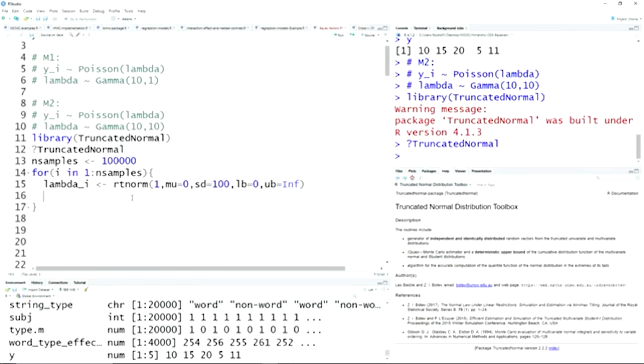Now I will perform MCI here. So basically I will calculate likelihood into prior and divide it by proposal density. So what would be likelihood?